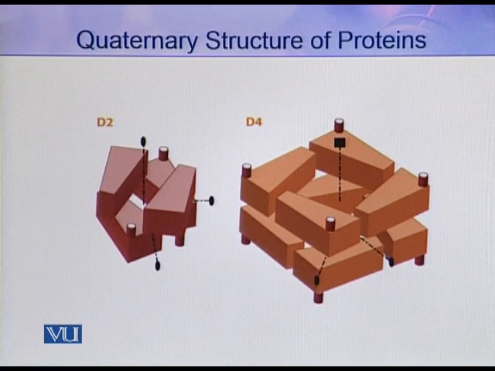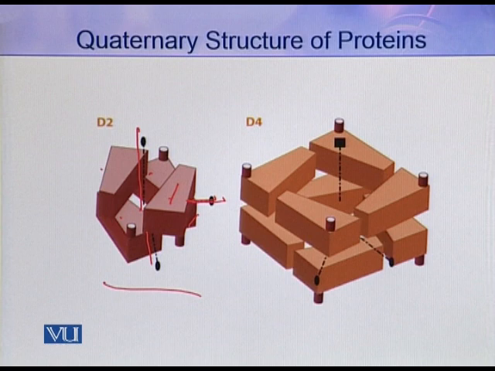As you can see in this diagram, for example, in this you can see 1, 2, 3, 4. 4 protomers are present, but they have more than one rotational axis. One rotational axis is this, the other one is this. So this is for these two protomers, and this rotational axis may be for these two protomers. So there is more than one rotational axis.